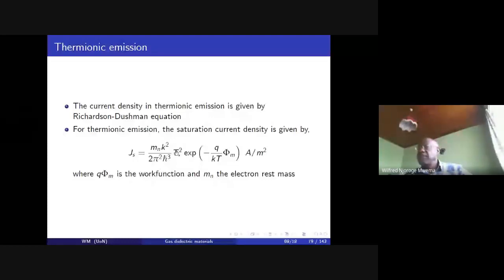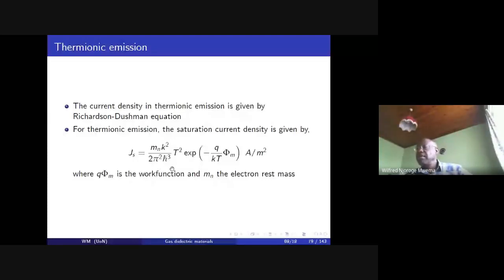So the current density in a thermionic emission is usually given by the Richardson-Dushman equation, which is given by this, and we leave it at that.